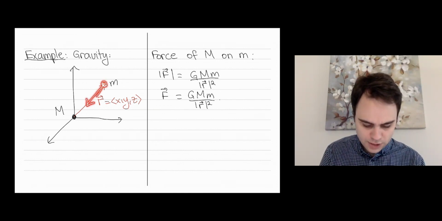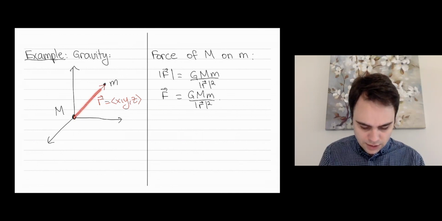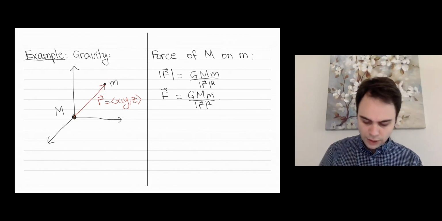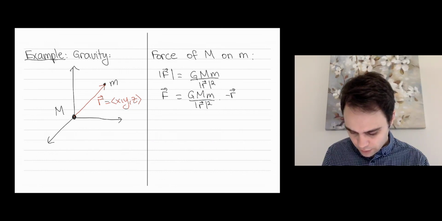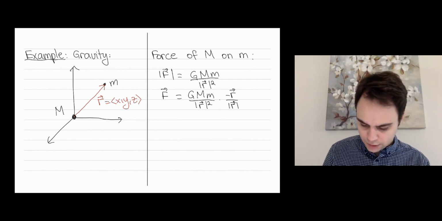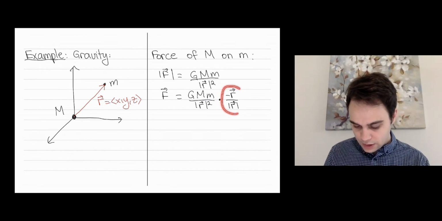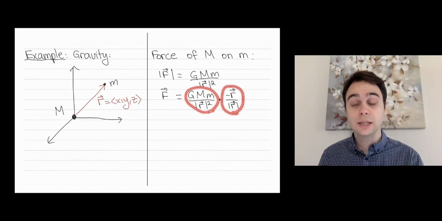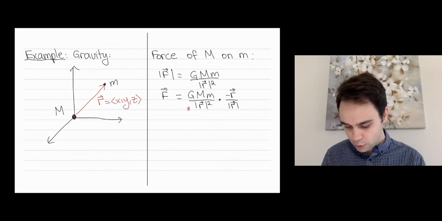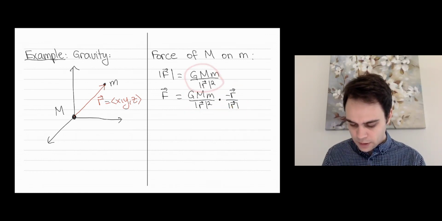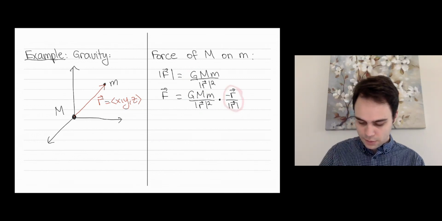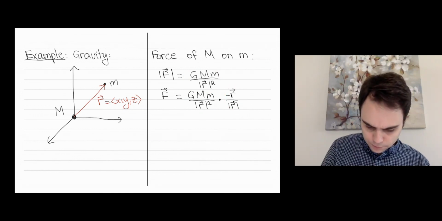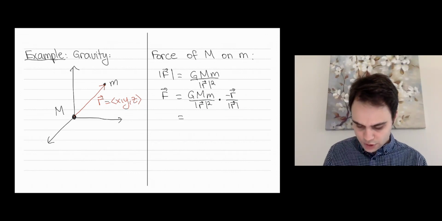It points from little m towards capital M, so the direction is opposite to R. And I'm going to divide this direction by the length of R, so I get a unit vector as my direction. This part has length 1, and this part has the correct length, so the whole thing has the length I want, and it points toward the origin, as it should, towards capital M.